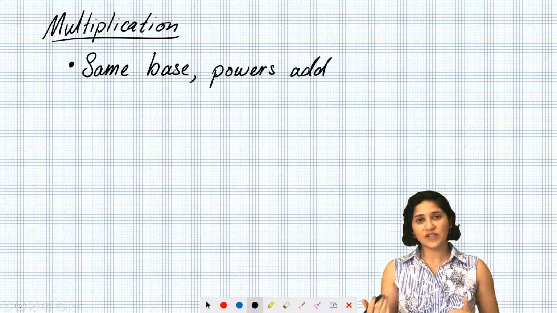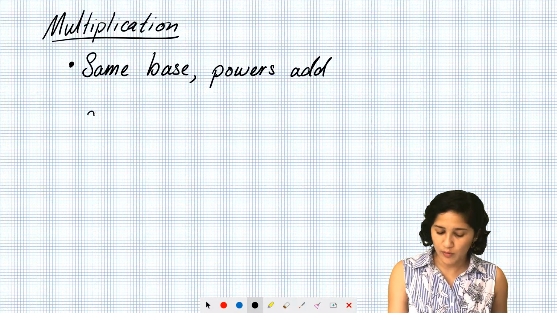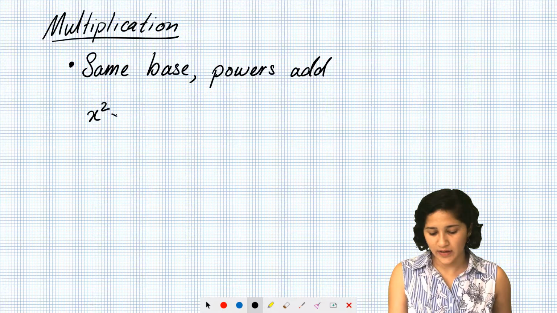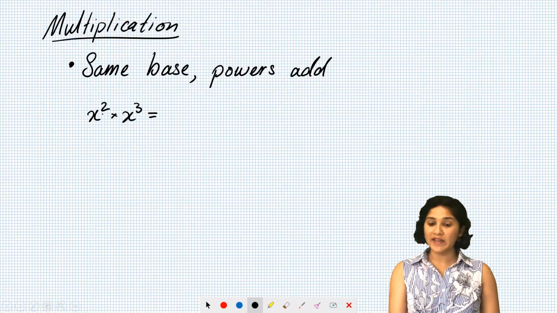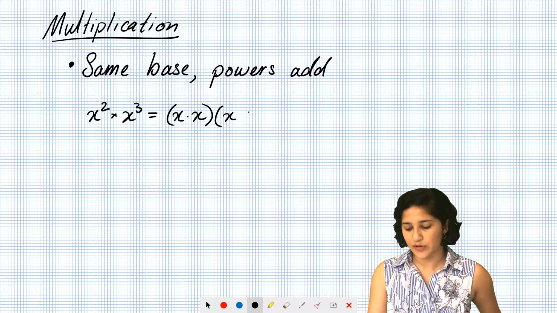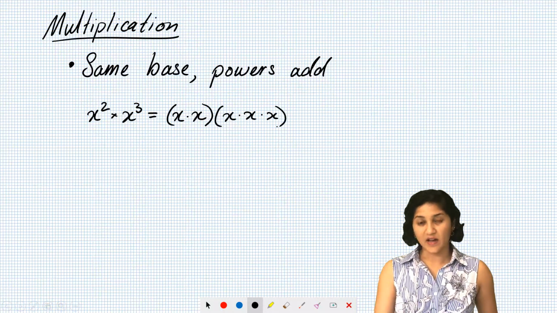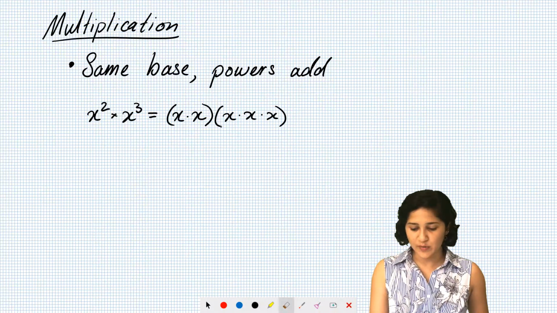All right, so now for multiplication, we can think about what we would do if we had, say, x squared times x cubed. Well, we know that x squared is equal to x times x, and x cubed is equal to x times x times x. Now, when I've written it out like this, the brackets aren't really doing anything because everything's just multiplying.